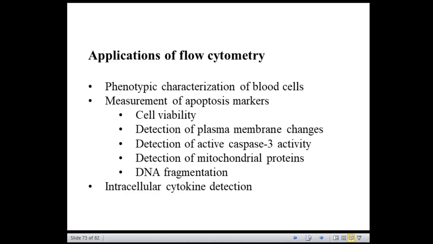In order to detect BCL2 activity, the cells are fixed and then permeabilized. Then a fluorescence conjugated BCL2 antibody is added into the cells and it is analyzed by flow cytometry. So decreased BCL2 level indicates progression of apoptosis. That's the reason why it is considered an apoptotic marker.